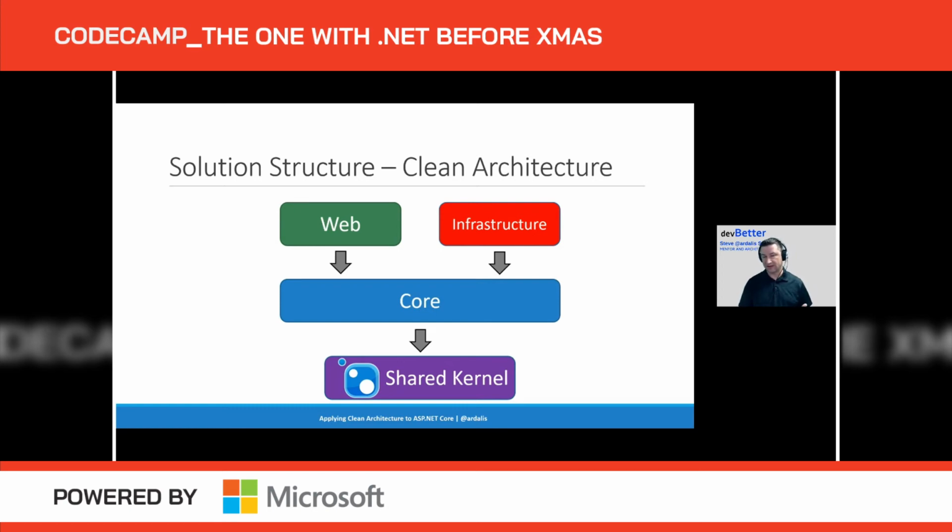If you do that, then you will have no actual project reference from web to infrastructure. It will be impossible, short of reflection, for your developers to accidentally consume or new up or use infrastructure types inside the web project, which could be really good.